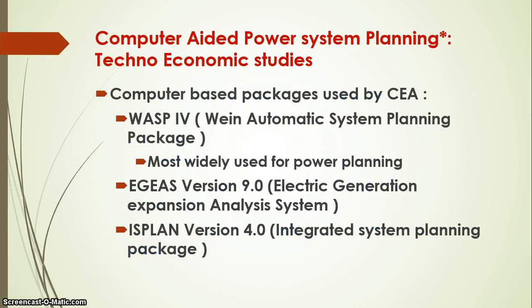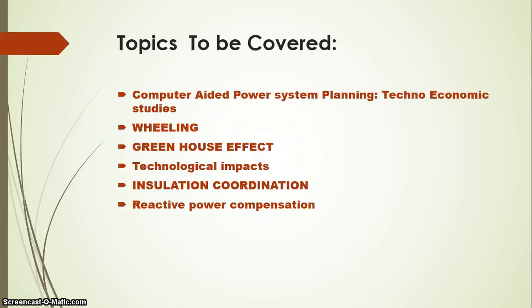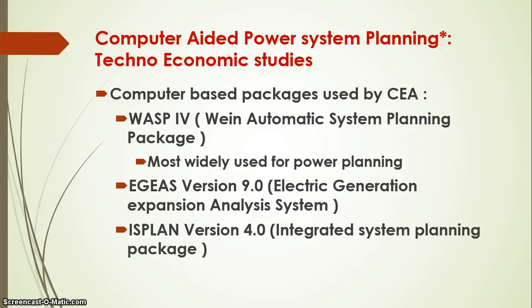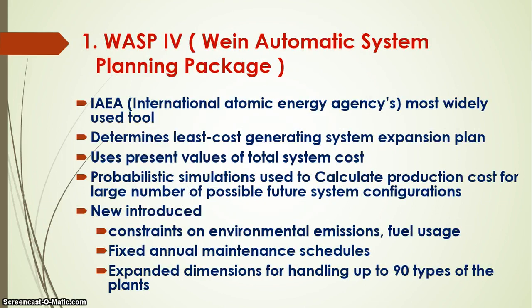Let us quickly see what we have learned. Under demand side planning, today we have discussed 3 softwares: VAS4, Mean Automatic System Planning Package, EGES version 9 and IS Plan version 4. VAS4 is the most widely used tool of the International Atomic Energy Agency.